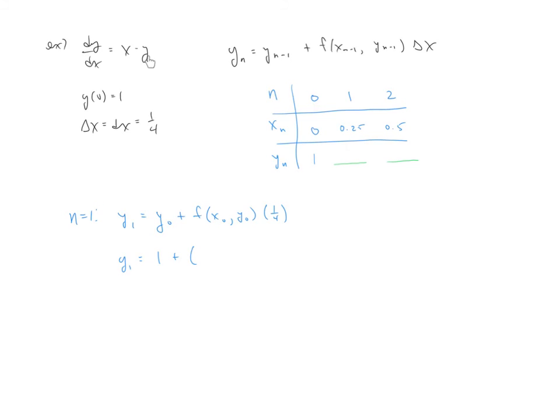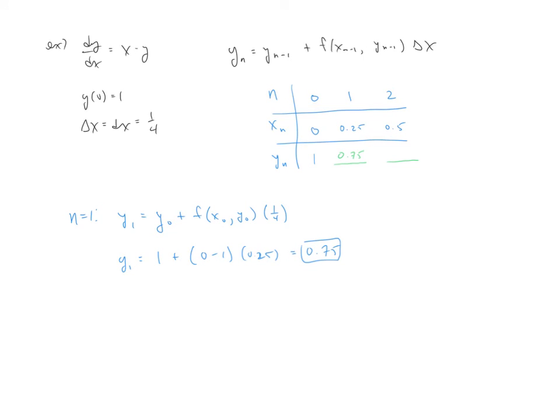So 0 minus 1 for that guy. And then the delta x again, 0.25 or 1/4, whatever you want to call it. So this ends up being a 0.75 if you run that through a calculator, or you could probably do that one in your head. So there's our first missing piece, 0.75.